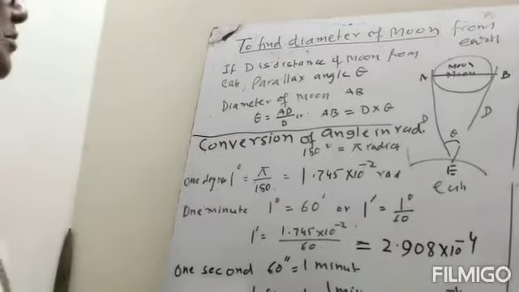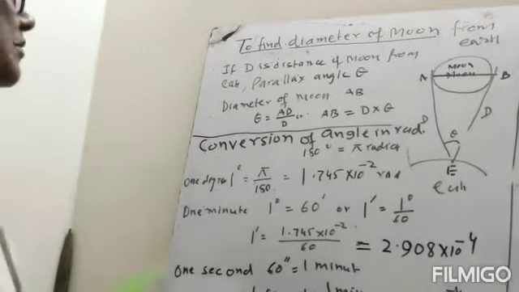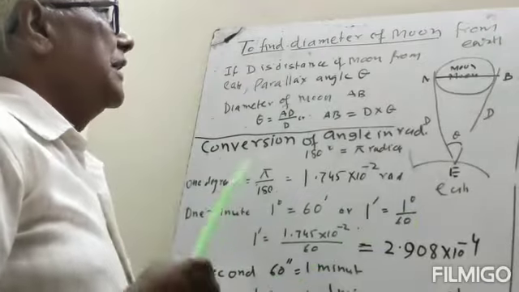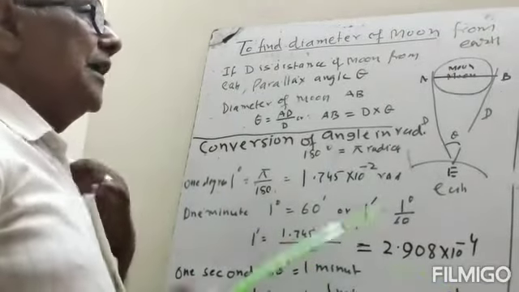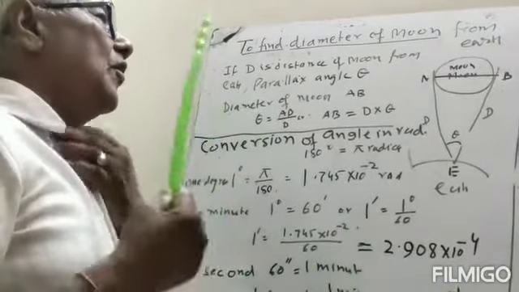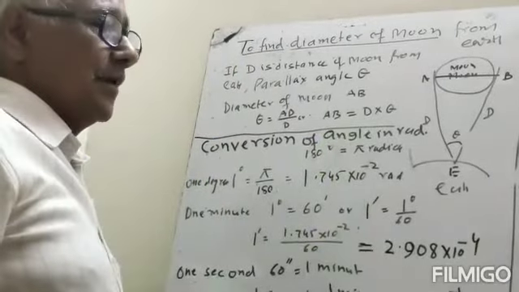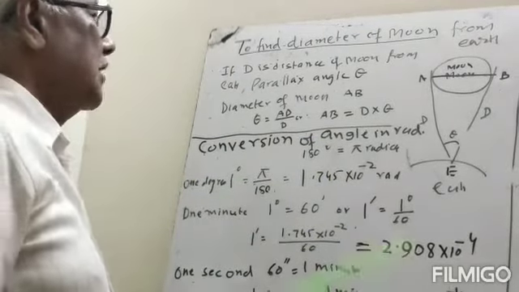Now the second problem: we have to find the diameter of the moon. We can use the same method, the parallax method, and we can determine the diameter of the moon.